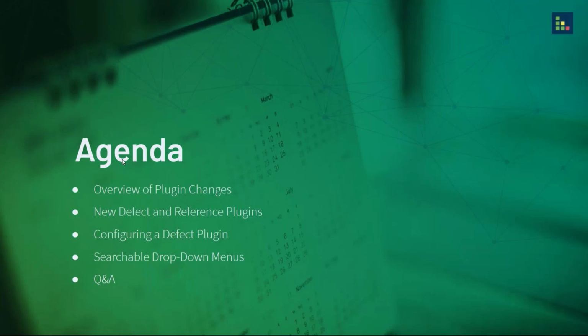We also have an included update to drop-down menus, with searchable drop-down menus improving functionality. We will also go through the new plugins that are available, which we added with this release, and go through a demonstration of how the defect plugins work.